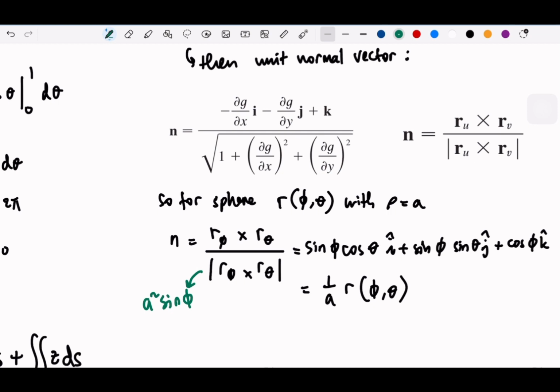The r phi cross r theta results in A times the same thing, and then we divide by A squared, so it becomes 1 over A.